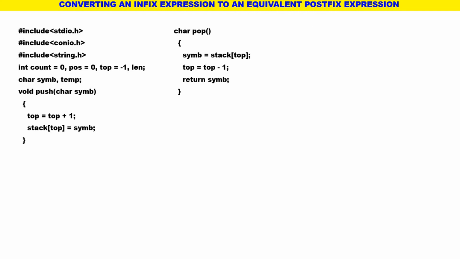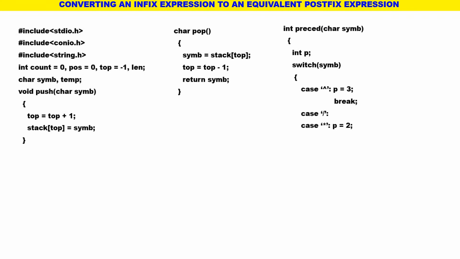Now, precede. It's a function which will return the precedence of the operator. So char sym means you have to pass an operator. If the symbol is the power symbol, return 3 because it has got the highest precedence. If it is slash or star, you return 2, p is equal to the next precedence.